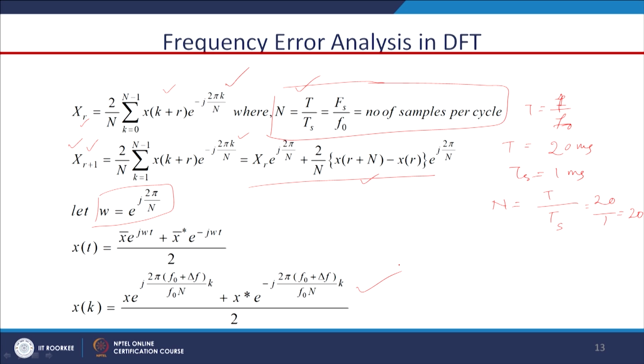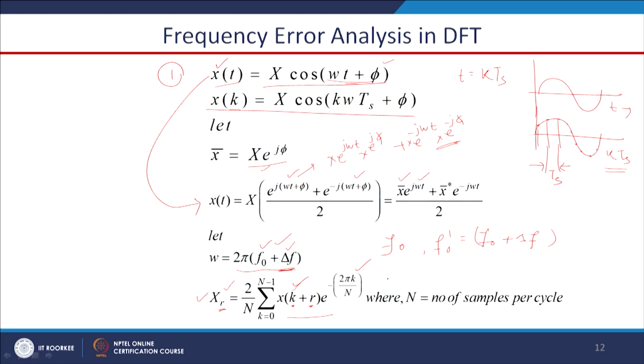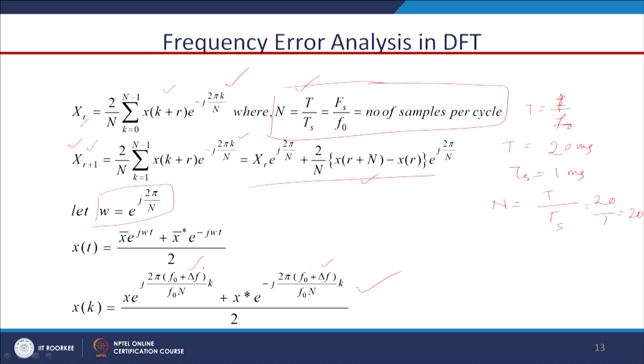You can see very clearly that in this expression, f naught plus delta f represents the frequency deviation. Previously, if you look here, the frequency in our expression was f naught only, but now the expression is f naught plus delta f.